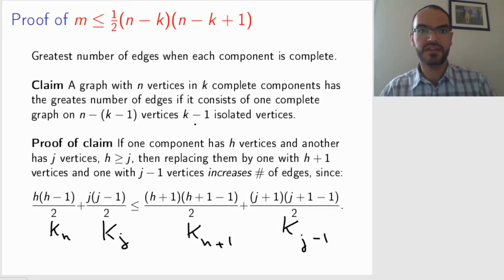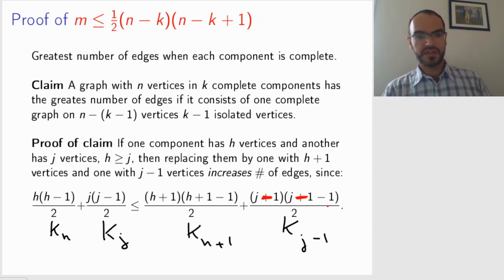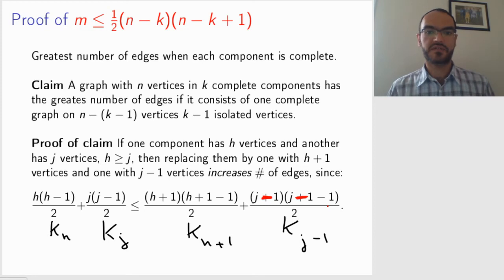This plus needs to be a minus because my new graph now has j minus 1 vertices. And now I claim that the number to the left is smaller than or equal to the number to the right. It is an exercise for you to develop the parentheses if you have too much time and check that this is actually the case.